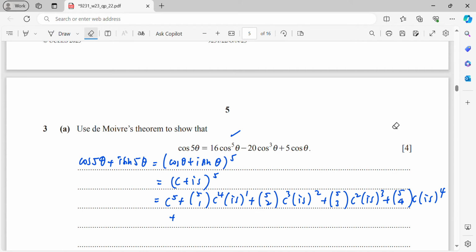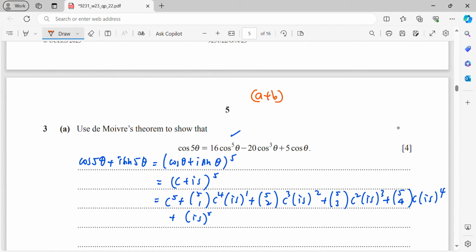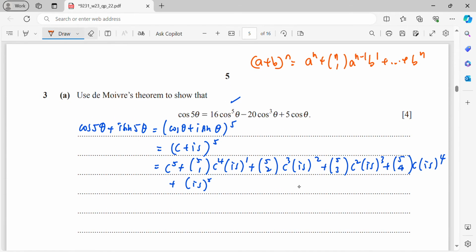Okay, that is the binomial expansion formula, which is (a + b)^n, that is a^n plus nC1 a^(n-1) b^1 until b^n. Okay, so now do expansion.